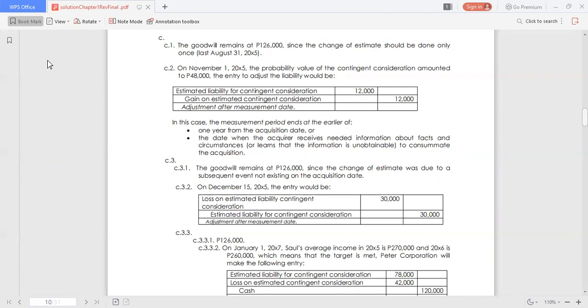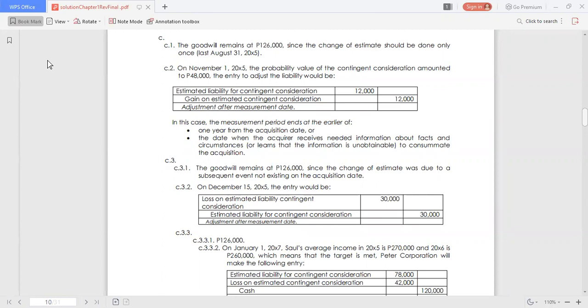If the probability value amounted to 48,000, the entry to adjust the liability is to debit estimated liability for contingent consideration, that's only for 12,000, and credit the amount of gain.